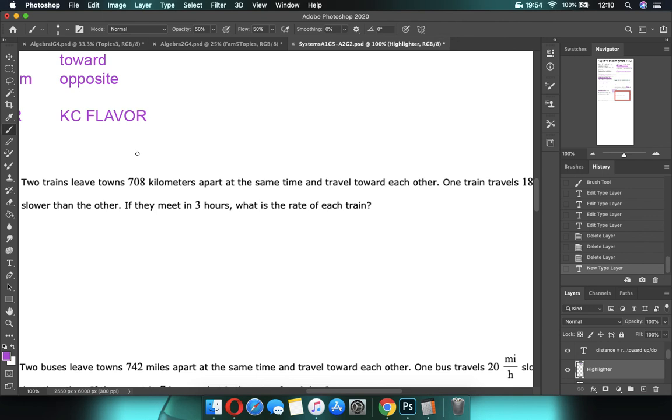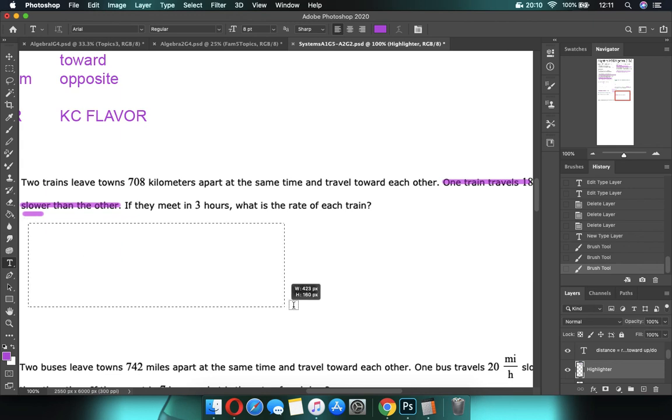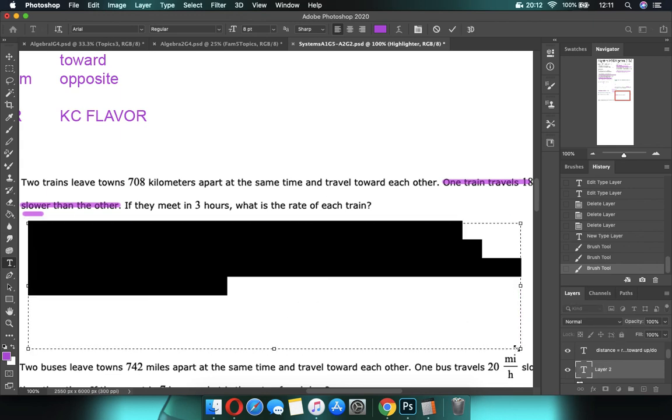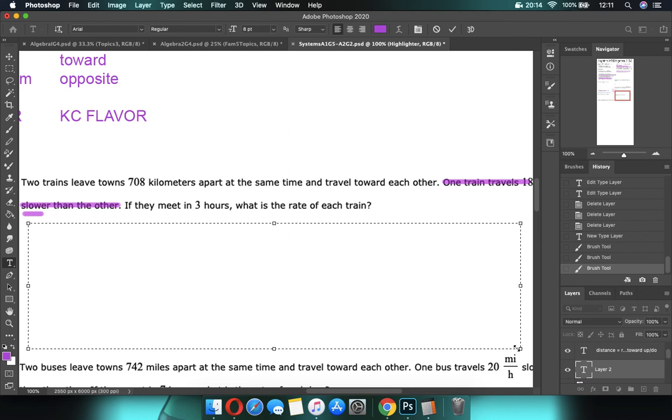When we're looking through these, it's less about the keywords, but there's also one sentence that is the most important one. One train travels 18 clicks slower, there's my keyword, than the other. So slower is my most important word. From there, I can create my first equation with that single sentence. I haven't read anything else.